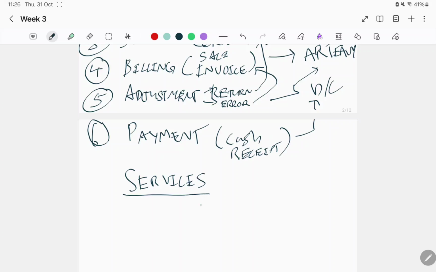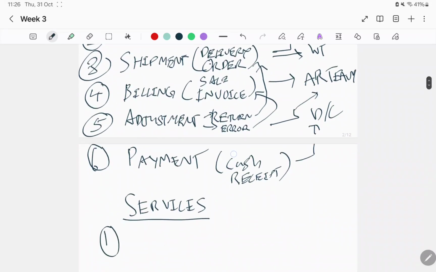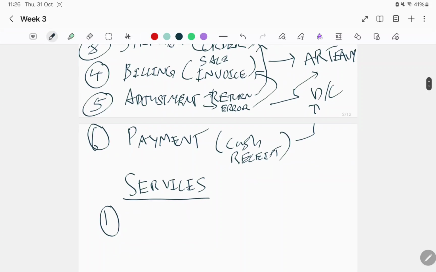Services is very easy, very clear, very straightforward. When you do services, it's like maybe tuition. You have a tuition business, or maybe services more like you go and service the aircon.